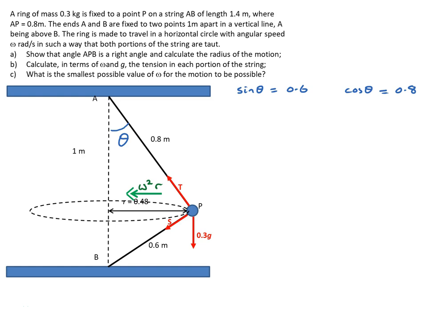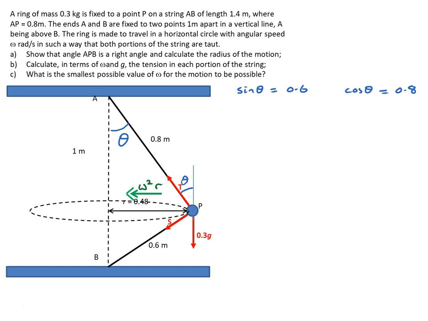To help with the resolving of forces, we'll just add one or two more angles to this diagram. First of all, we know that the angle that the string AP makes with the vertical is theta. And therefore, the angle that we have between AP and the horizontal will be 90 minus theta.